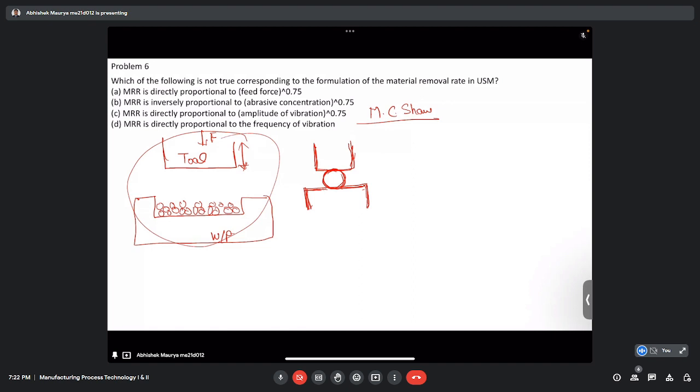So he took another assumption, that the shape of the abrasive was not spherical, but something like this.